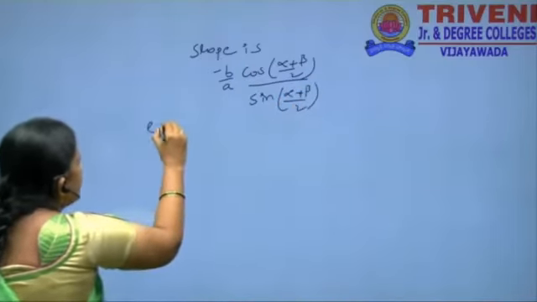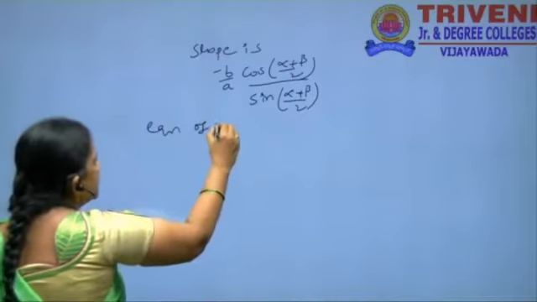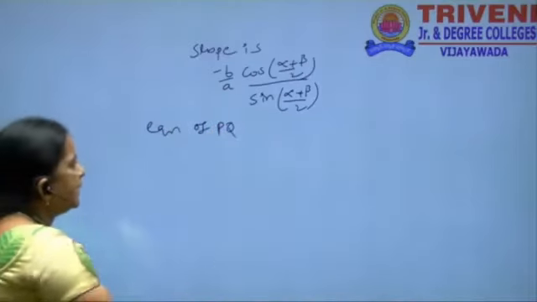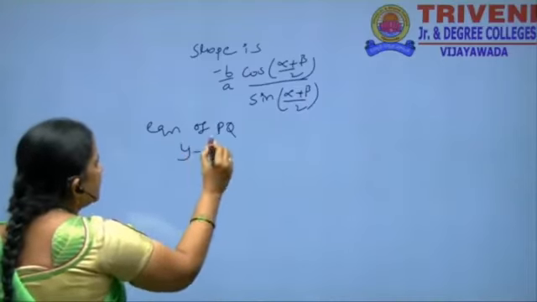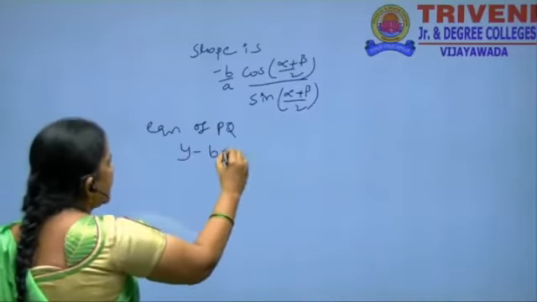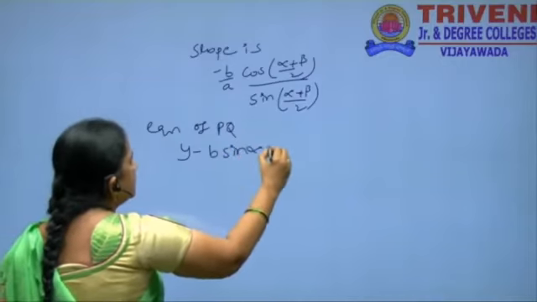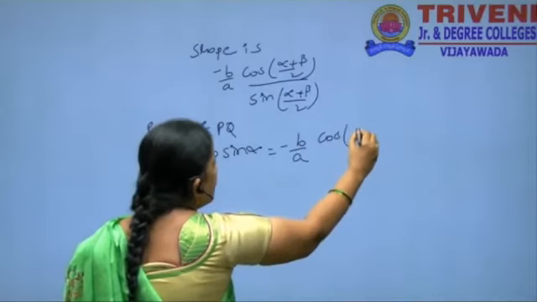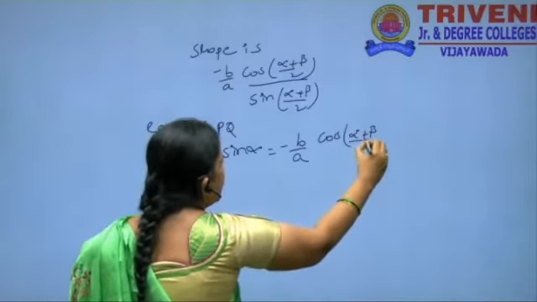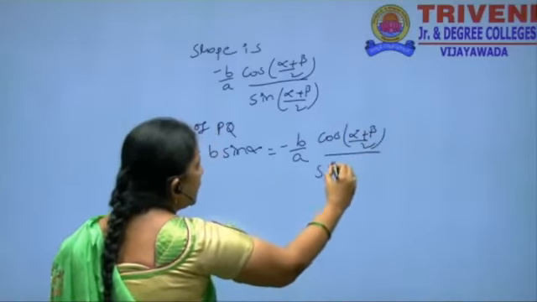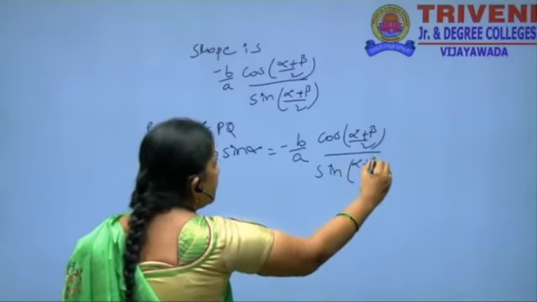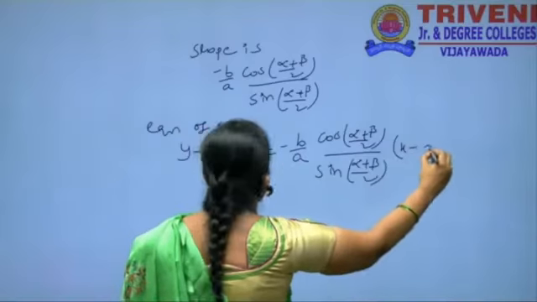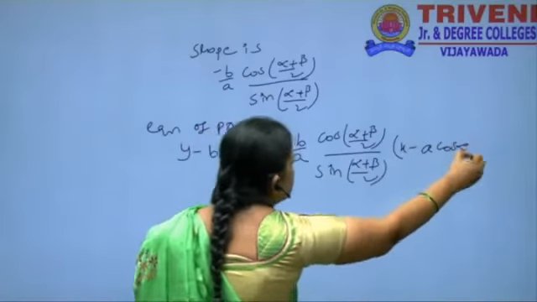Then the equation of PQ is y minus y1 is equal to m into x minus x1, that is y minus b sin alpha is equal to minus b by a into cos of (alpha plus beta) by 2 by sin of (alpha plus beta) by 2 into x minus a cos alpha.